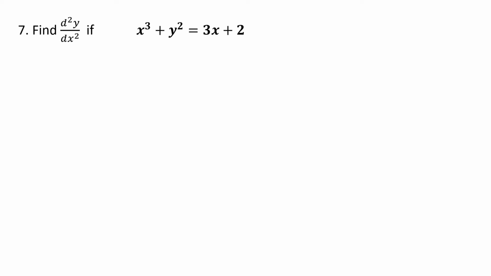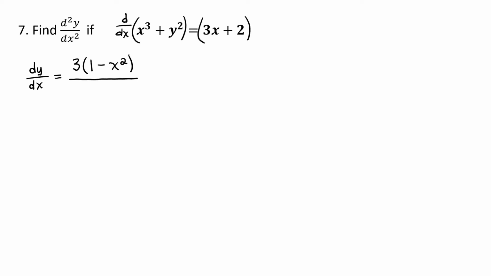So find the second derivative of y with respect to x if x cubed plus y squared is equal to 3x plus 2. So in order to find the second derivative, we need to first find the first derivative. So we'll take the derivative with respect to x of both sides of this in order to first find our first derivative, dy dx.